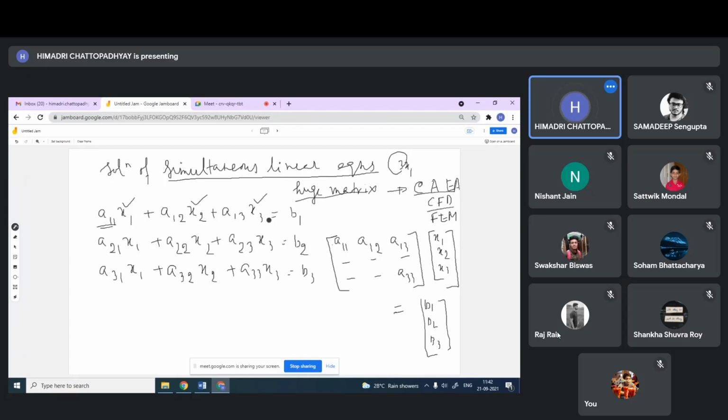So a11 into x1, a12 into x2, a13 into x3 is b1. Similarly, you take the second row and this column: a21 into x1, a22 into x2, a23 into x3 will be b2. So you know row into column. We cannot go back into that; we'll assume that you know this already. So you can solve this by determinant.